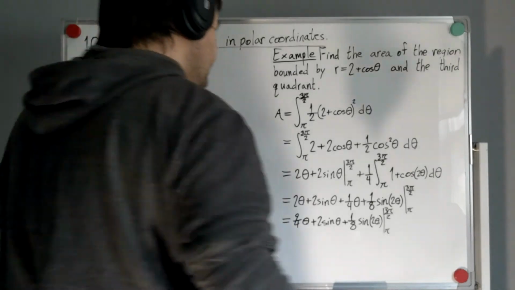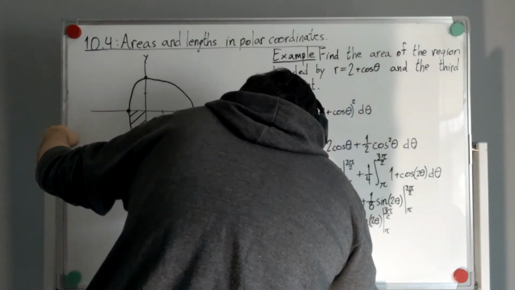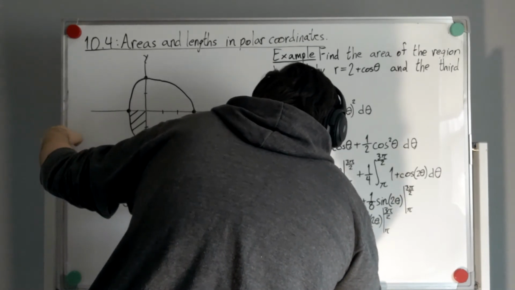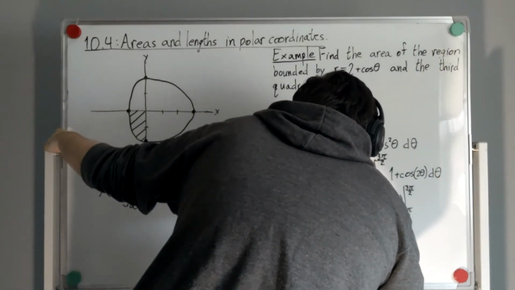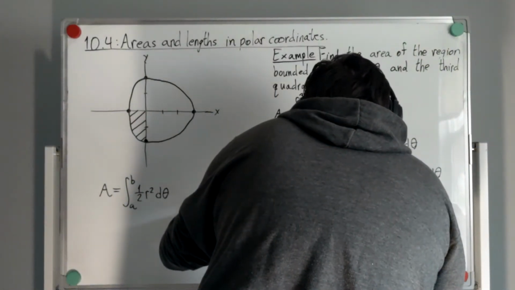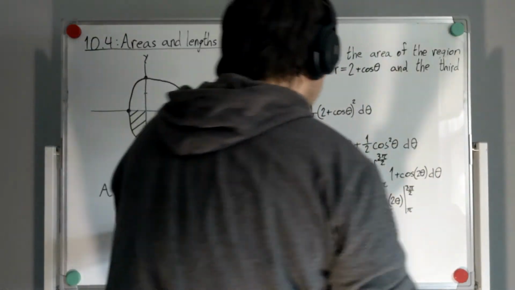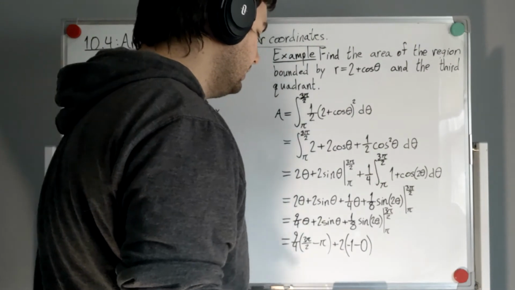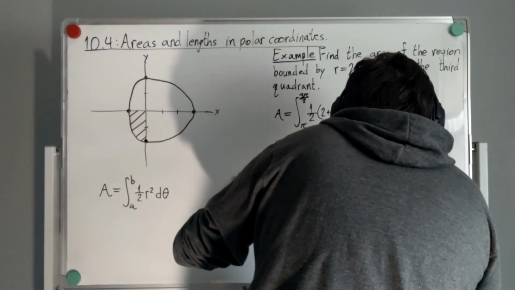Okay, so this first one just becomes 9/4 times 3 pi over 2 minus pi. This next one becomes 2 times, the sine of 3 pi over 2 is -1. The sine of pi is 0. Then we have plus 1/8.